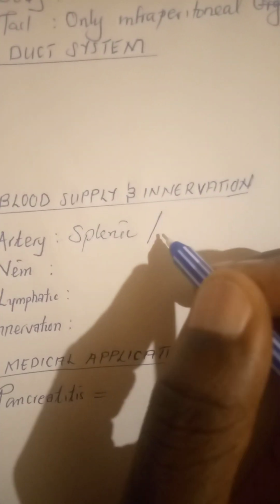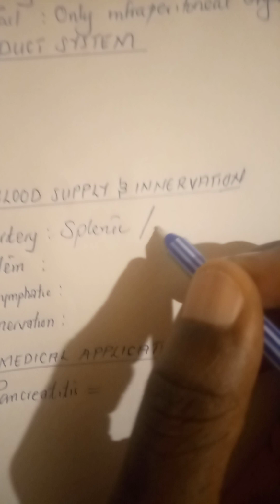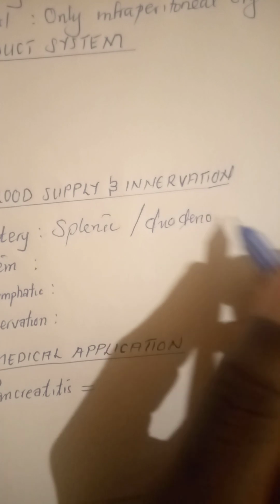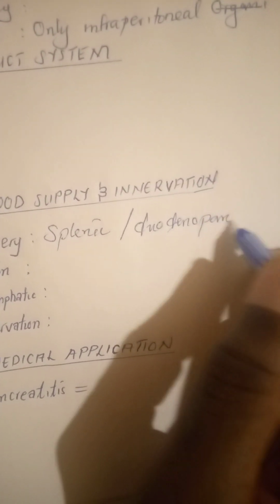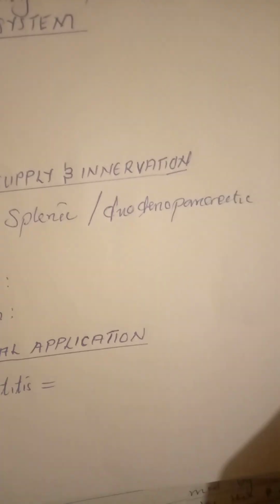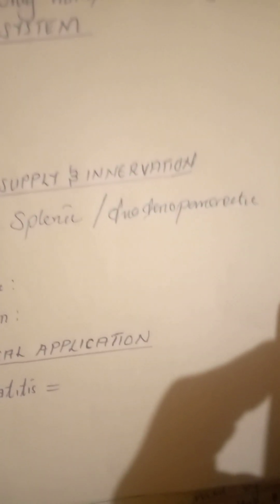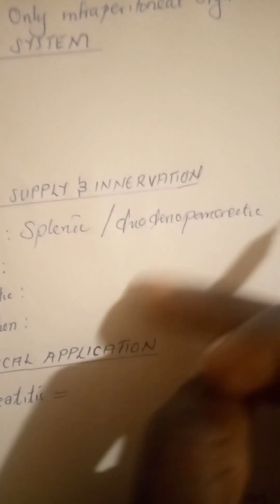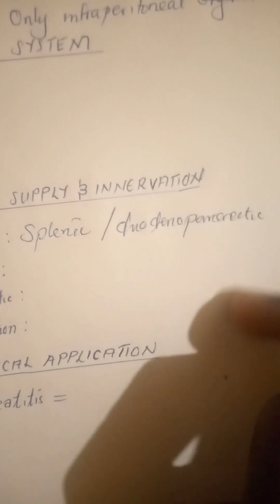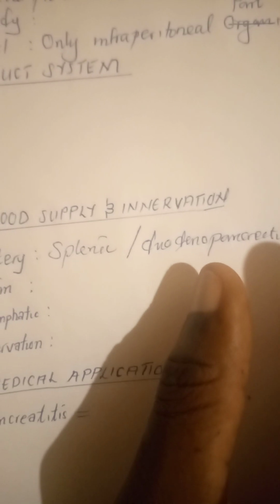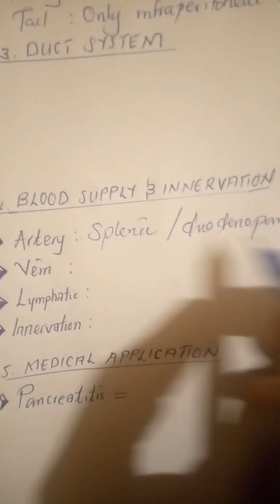We also have the pancreaticoduodenal artery, which supplies the head of the pancreas. Remember, the head of the pancreas is enclosed by the C-shaped structure formed by the duodenum.